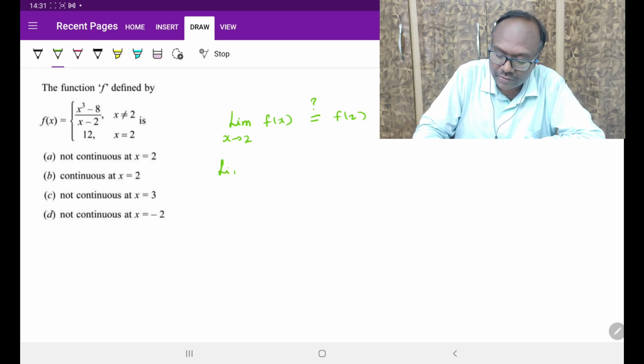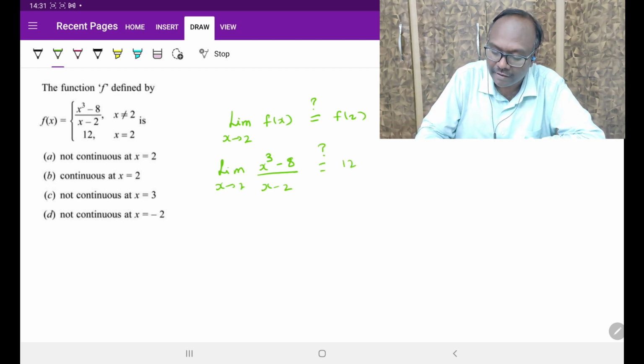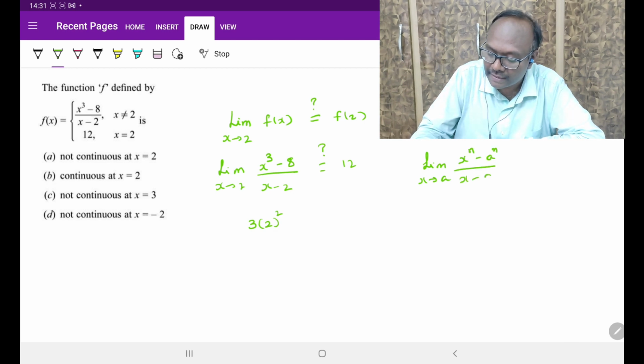So limit x tends to 2 f of x is (x cube minus 8) by (x minus 2), and f of 2 is equal to 12. So we have to check whether they are equal or not. As per the identity, this is equal to 3 into 2 square, because we have seen the identity limit x tends to a, (x power n minus a power n) by (x minus a) equal to n a power n minus 1.